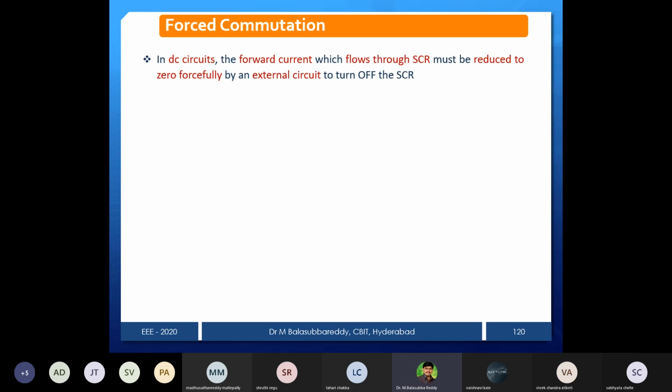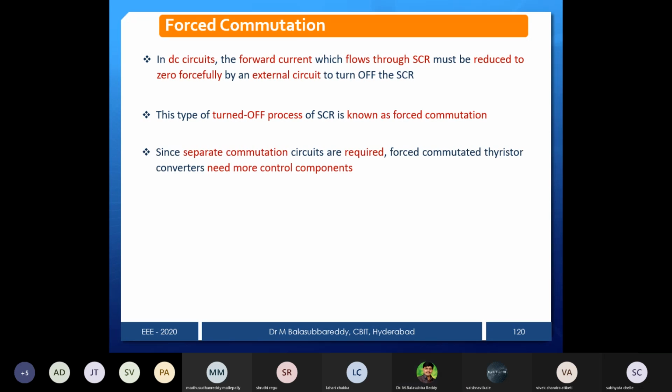Forward current flowing through the SCR must be reduced to zero forcibly by an external circuit, and then the SCR is turned off. This type of turn off process is known as forced commutation, and a separate commutation circuit is required.